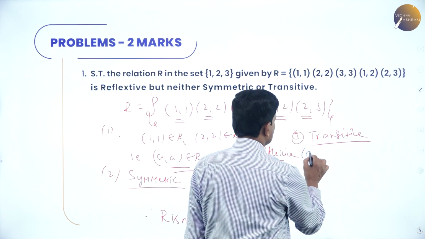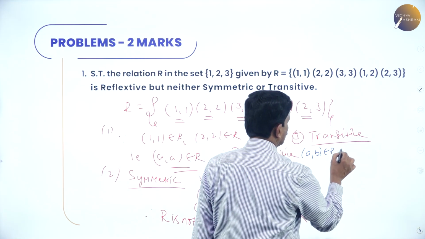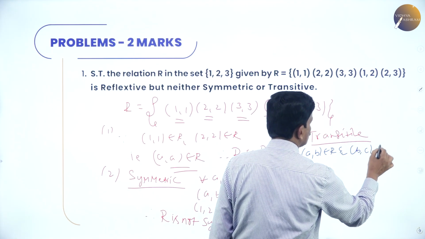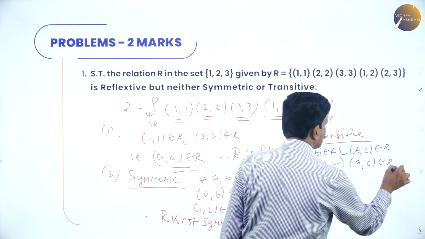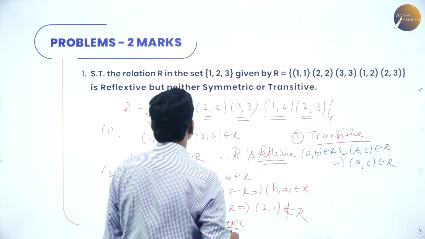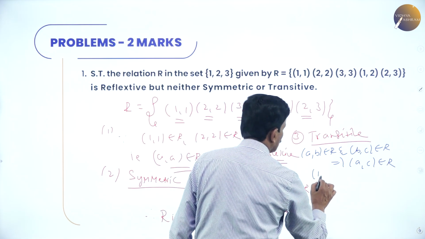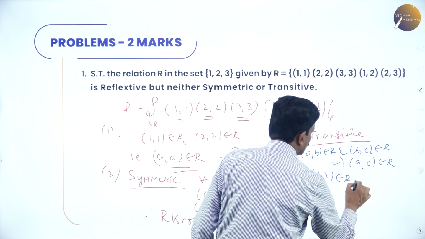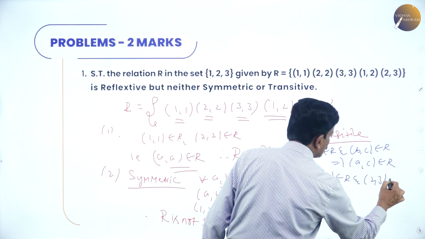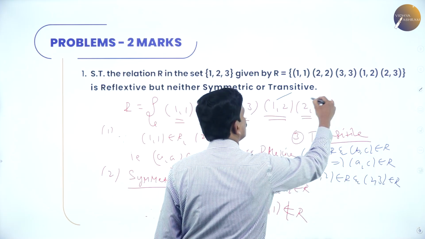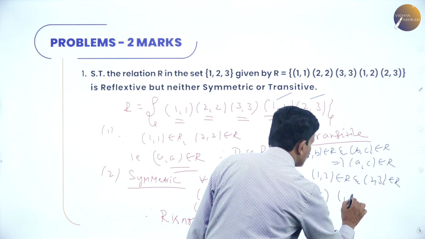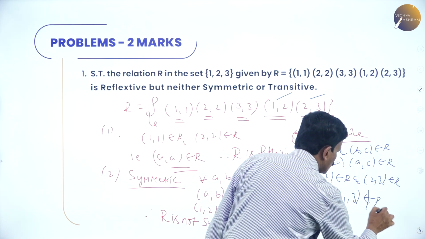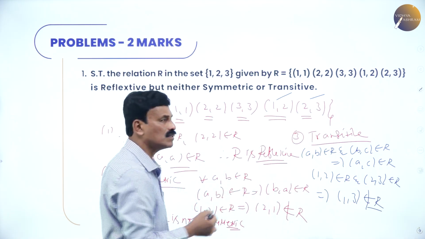If (a, b) belongs to R and (b, c) belongs to R, implies (a, c) also belongs to R. Now let us take (1,2). (1,2) belongs to R and (2,3) belongs to R, but (1,3) does not belong to R. So here (1,3) is not in the set.